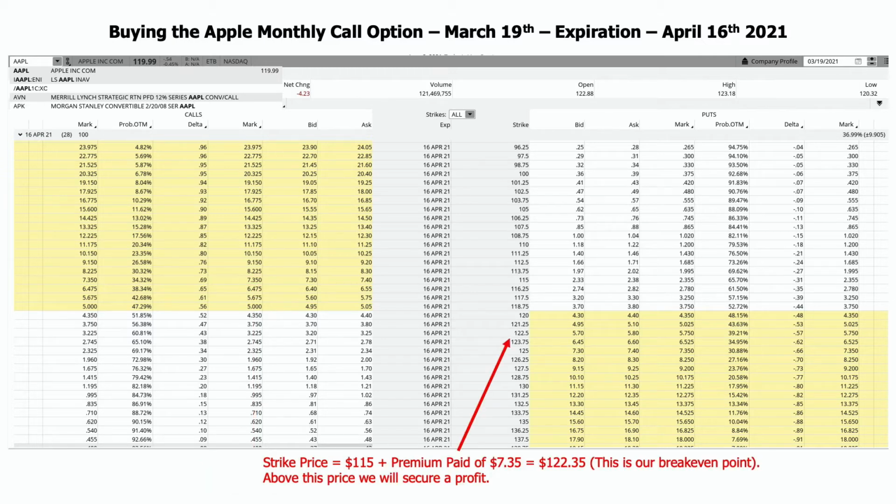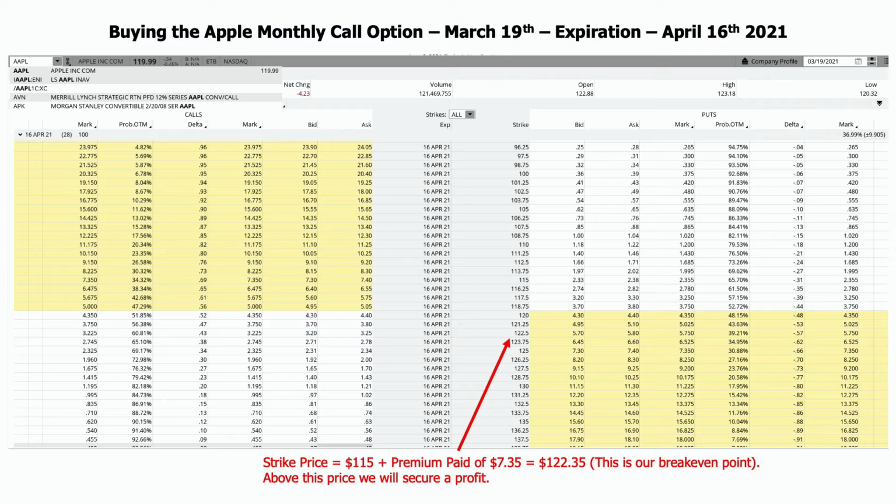Now we need to check at what point we're going to break even on this trade. To ensure we profit from it, we just need the stock price to rise by more than the premium which we paid. We bought the 115 strike price and paid a premium of $7.35.